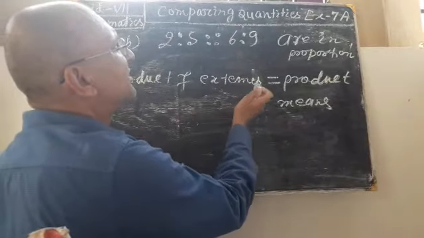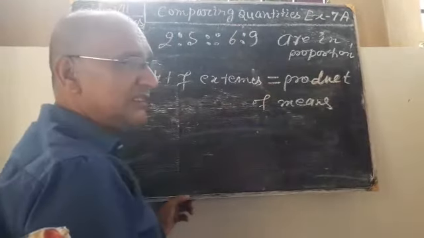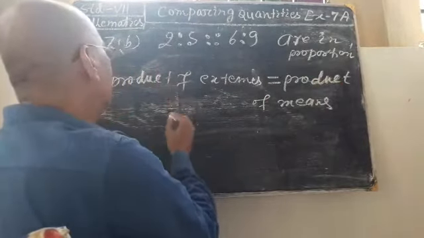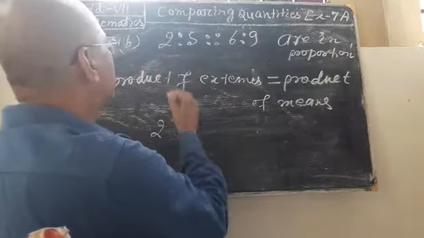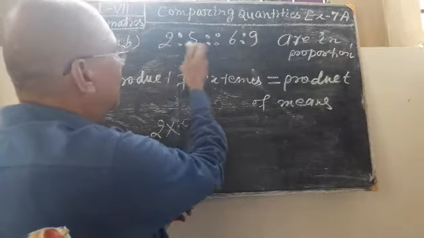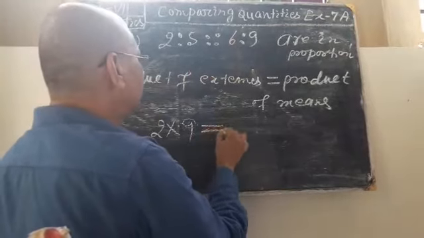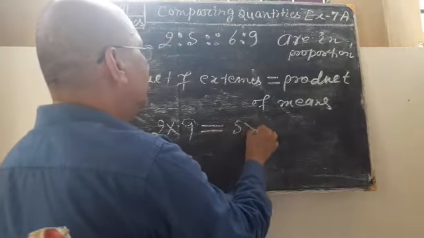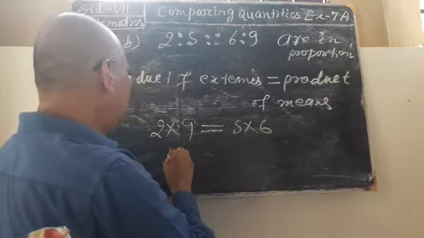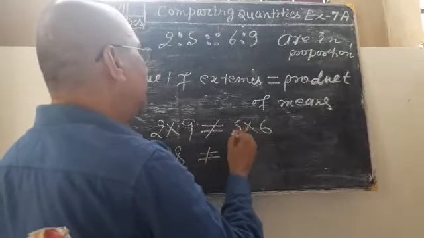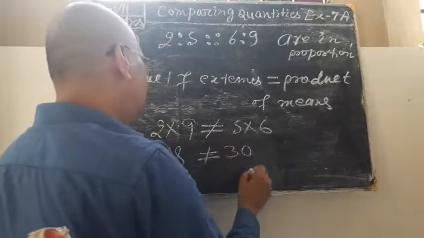The product of extremes is equal to the product of means, then and only then the given terms are in proportion. Here the product of extremes is 2 into 9. 2 and 9 are the extremes, 5 and 6 are the means. Here 2 nines are 18, which is not equal to 5 sixes are 30.